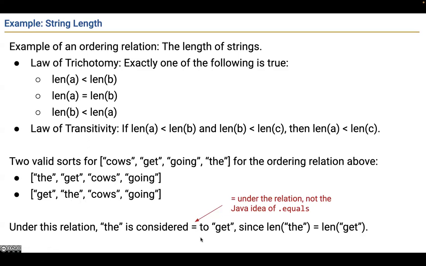OK, and so not to get too much in the weeds, I'm just trying to define sorting here. But here's a case where these two words, they're not really equal in the sense that they're not the same word. But under this particular ordering relation, for the sort that I'm doing right now, they're equal in the sense that they have the same length. So sometimes we say two things are equal for a particular sort, even if they are not equal if you think about the Java dot equals method.